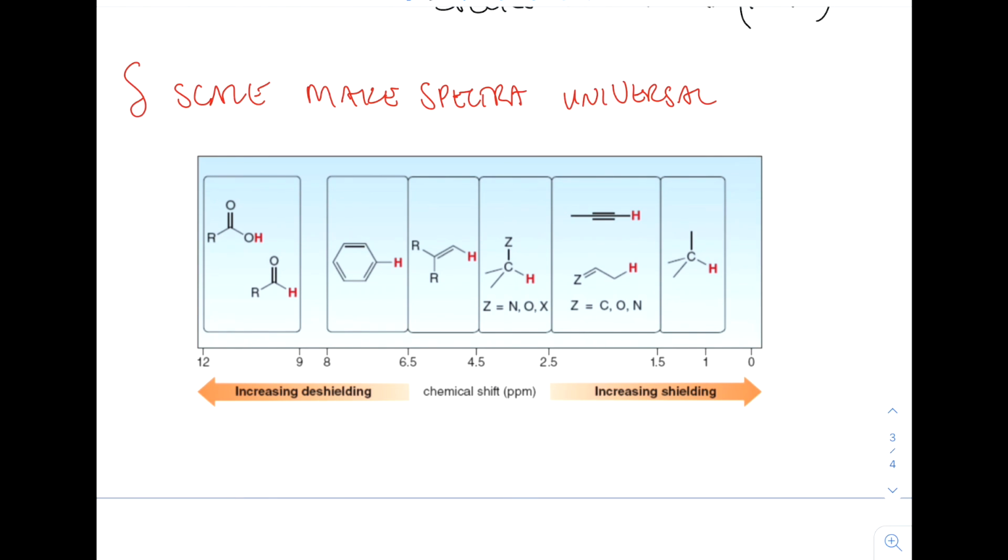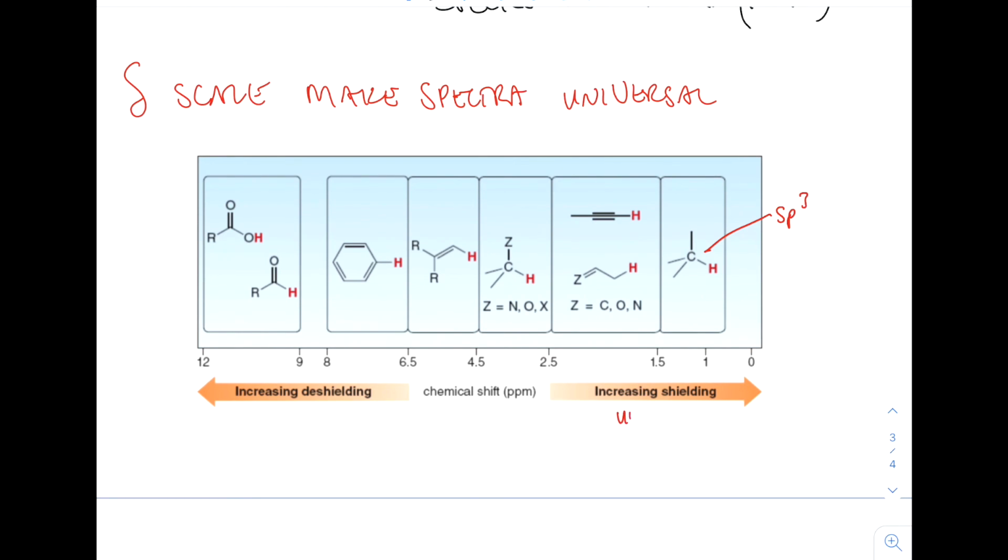So for example, a carbon with the hydrogen on it, also known as an sp3 carbon that is completely saturated, absorbs at higher fields.